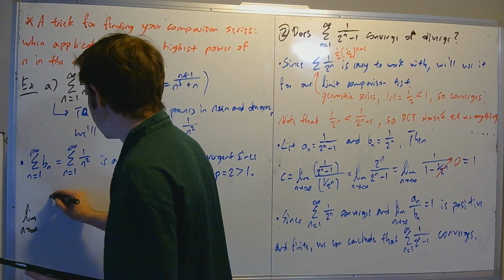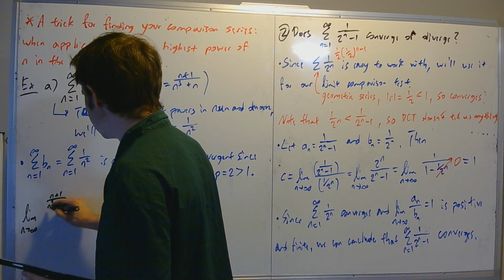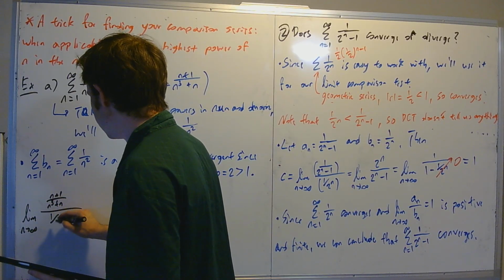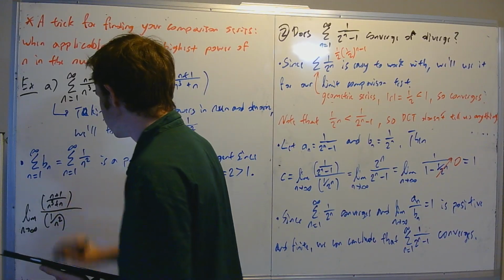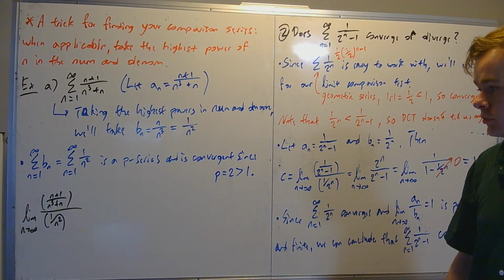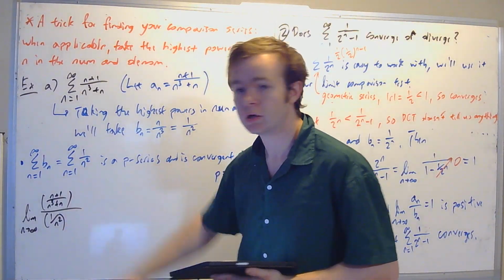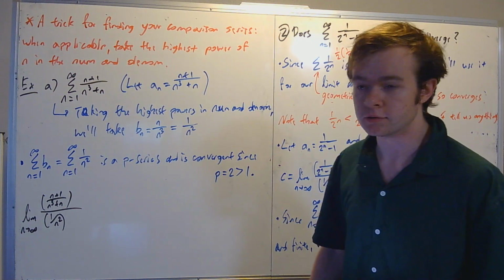So we're going to have n plus 1 over n cubed plus n over 1 over n squared. Okay. So I don't like fractions inside of fractions, so I'm going to try to get rid of the fraction in the denominator by multiplying both sides of the big fraction by n squared.